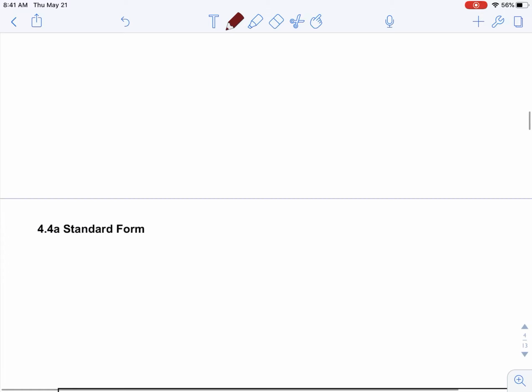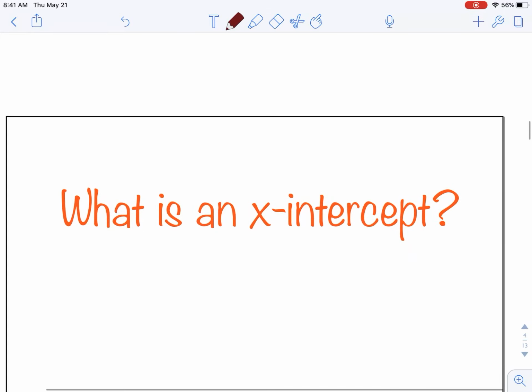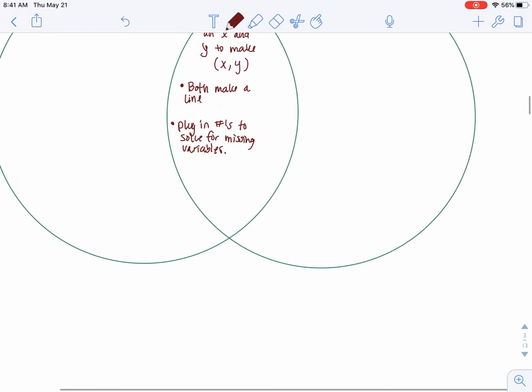Okay, the first thing we need to talk about: in the last linear equation, slope-intercept form, we used the y-intercept a lot. The y-intercept was a very important part of slope-intercept form, and it still is, which actually we can add here.